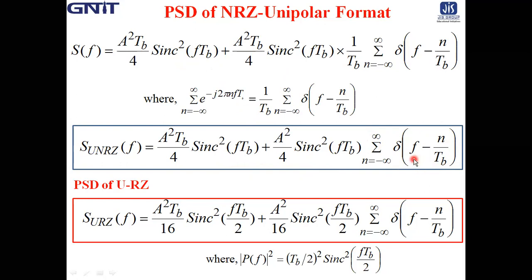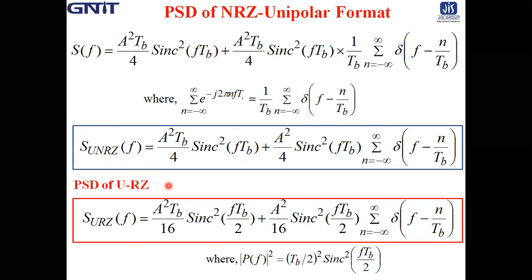Now, if we go for the calculation of the PSD of the unipolar RZ format, what is the difference? The difference is that for the unipolar RZ signal, at TB/2 it returns to 0.